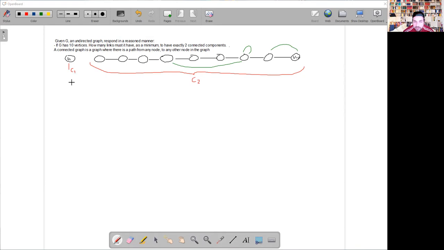So for instance, C1 is equal to the node B1, and C2 is equal to the nodes from B2 to B10.